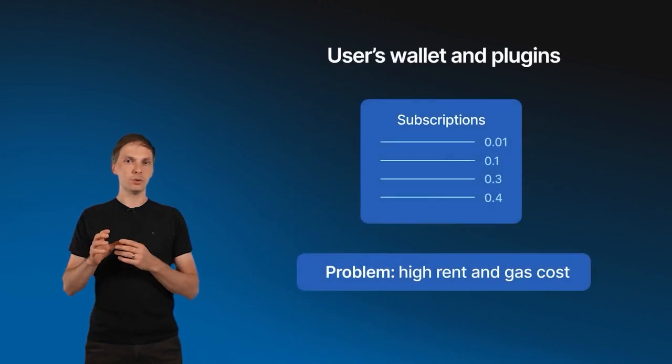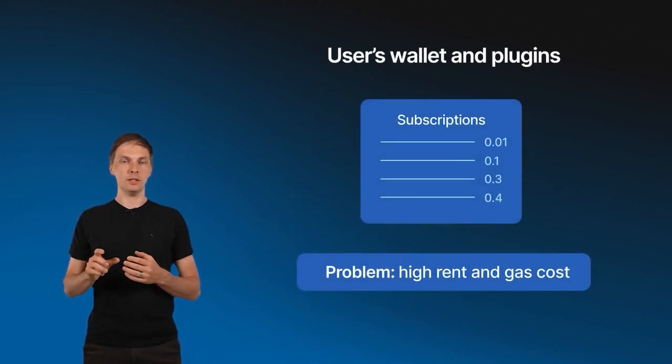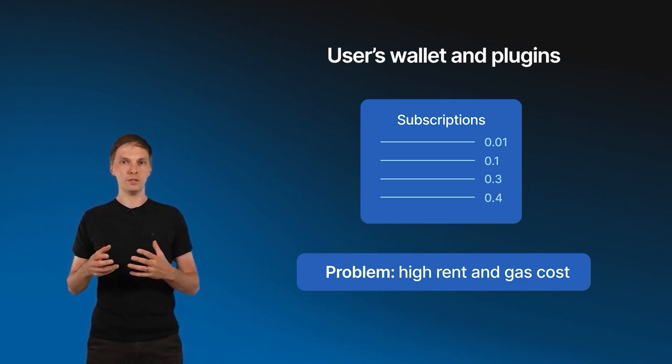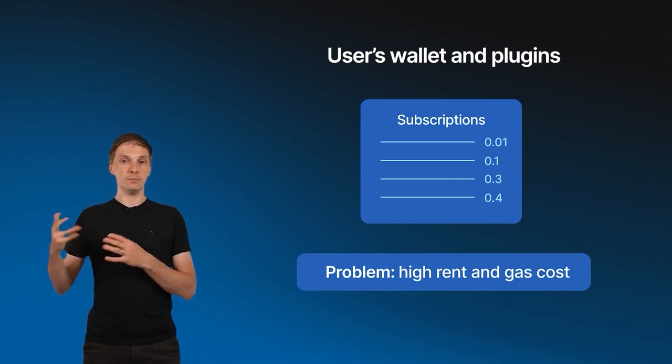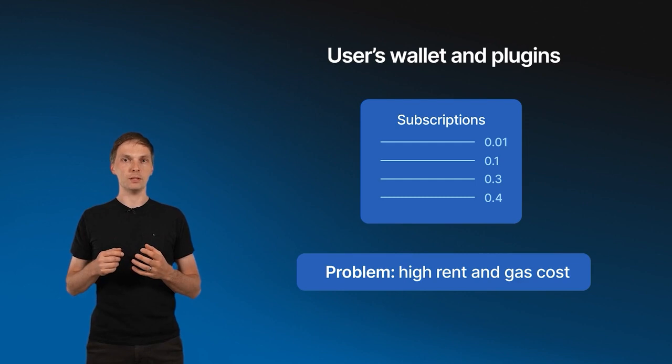So the way the plugins are implemented in the wallet version 4 is by storing individual contract addresses in the list. So if you have 100 subscriptions to 100 services, then you will have a list of 100 items. And that is slightly problematic for the user because now the cost of storage is higher for their wallet, and every time they make a transaction or anytime the plugin requests the money from the wallet, they have to go through a larger list of plugins, and this incurs extra cost.